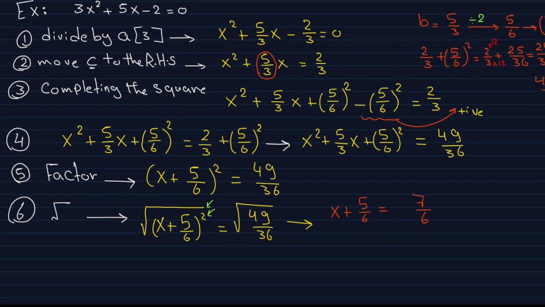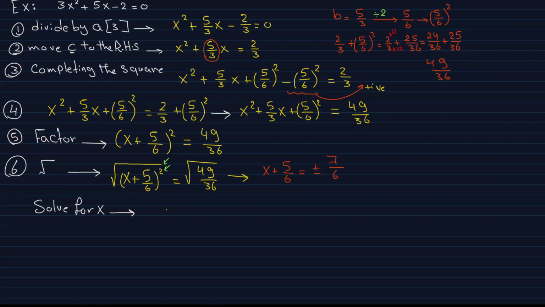Let's assume we did a terrible mistake, which is forgetting plus or minus. Last step is solve for x. We're gonna have x is equal to, bring the 5/6 to the other side by negative, so we're gonna have plus or minus 7/6 minus 5/6.